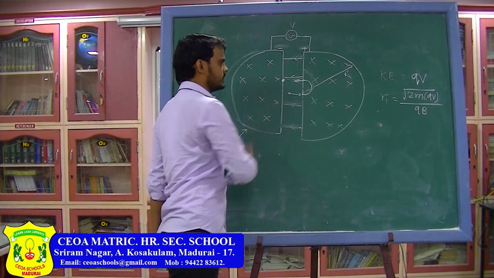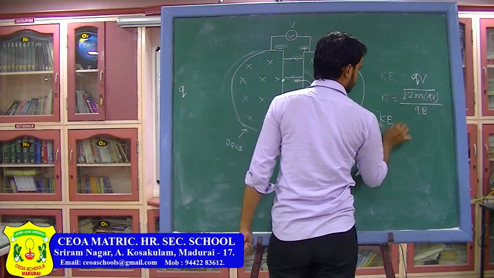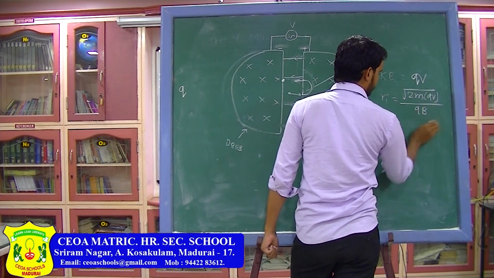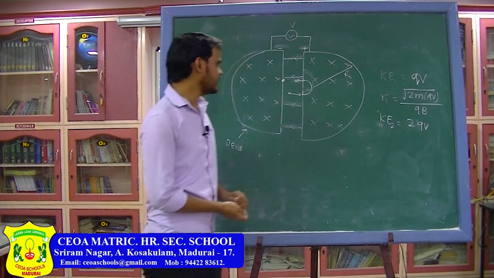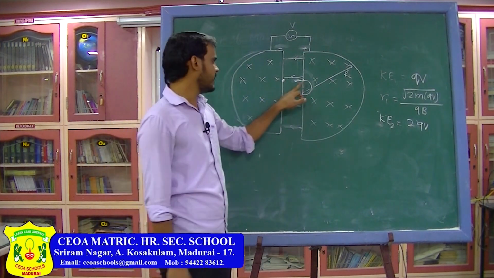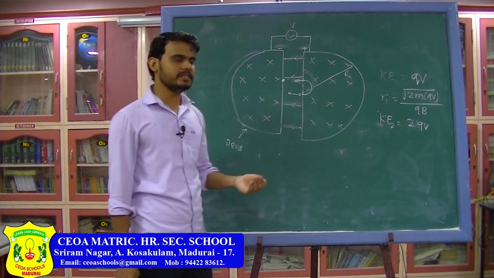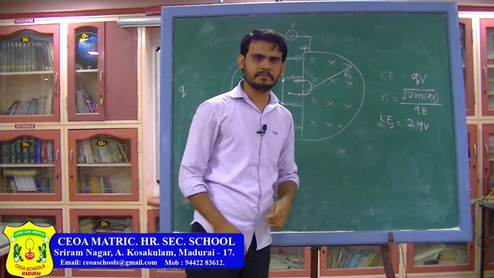When it reaches here, the kinetic energy will be KE2, which is equal to 2qV, because when the charged particle was here it already had kinetic energy qV, and when it reaches here its kinetic energy again increases by qV. So now the kinetic energy is 2qV.